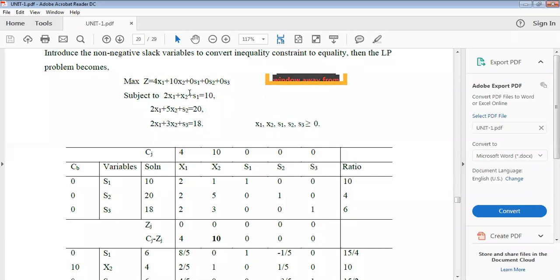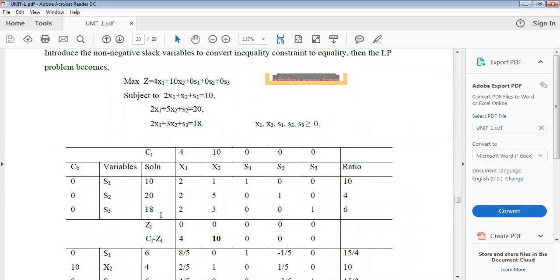Next, 2x1 plus x2 plus s1 is equal to 10, 2x1 plus 5x2 plus s2 is equal to 20, and 2x1 plus 3x2 plus s3 is equal to 18. Like this we have formulated the table.